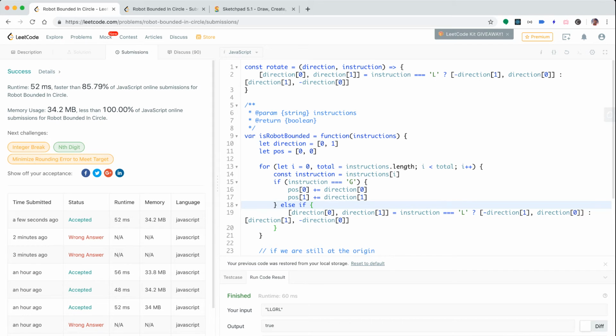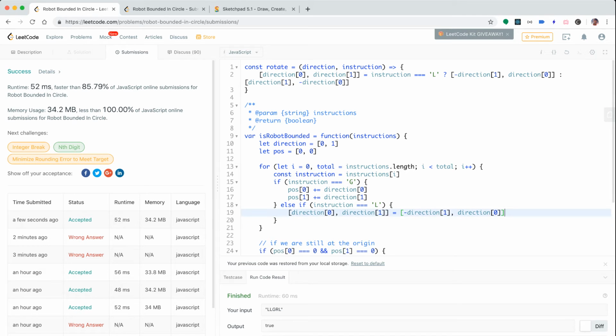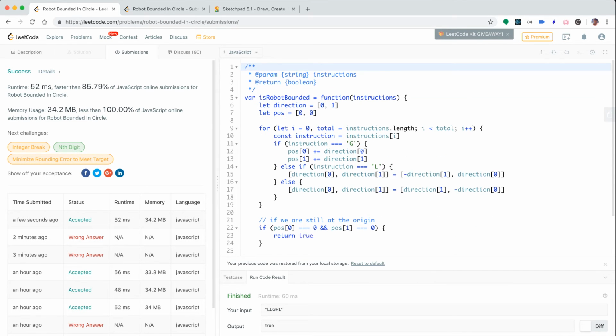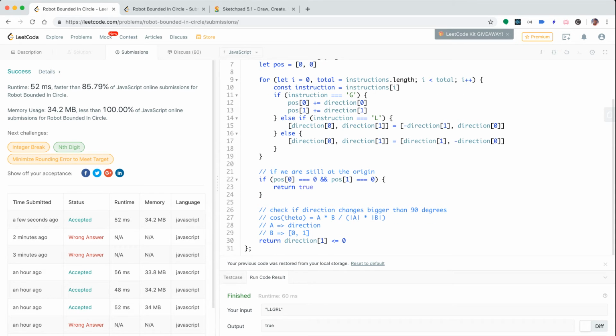Okay, if instruction L, we just say equals this, else, if not, wait, modify this. We can remove this rotate. Submit.